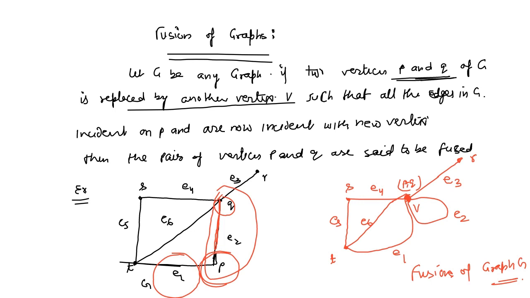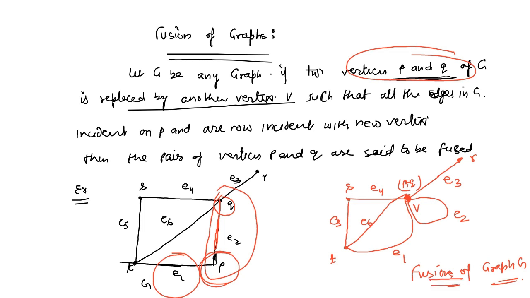In the fusion of a graph, you have two vertices P and Q replaced by one vertex, but we join to that new vertex all the edges which were already incident in the graph G. So this is known as the fusion of the graph G.